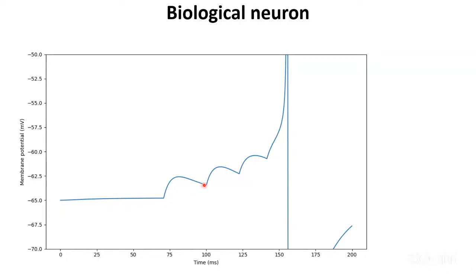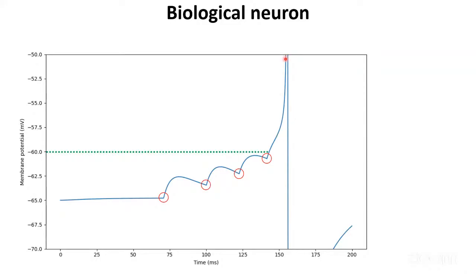As the spikes keep on coming, if the membrane potential increases above the threshold, then the spike is fired and you get an output spike from the neuron.